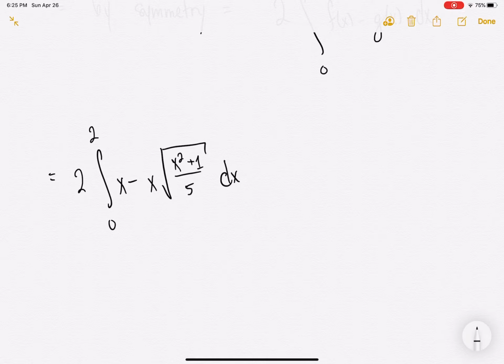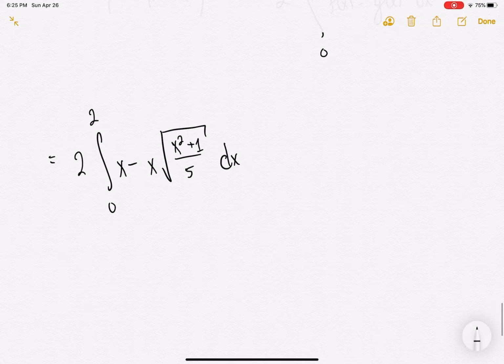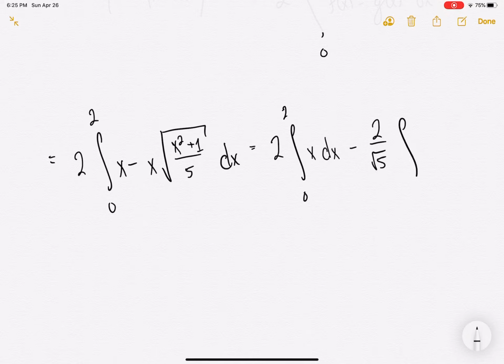Okay. And I'm just going to split this up as 2 separate integrals, because why would you waste your time doing it any other way? So x dx minus, and now I'm going to call this 2 over root 5 integral 0 to 2 square root x squared plus 1 dx.